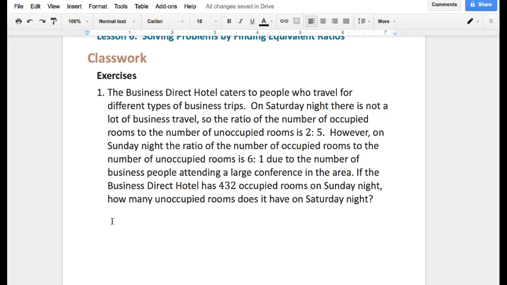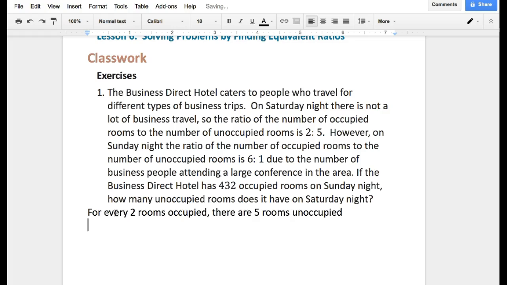If it says that the ratio of the number of occupied rooms to the number of unoccupied rooms is 2 to 5, it means, if we change it around a little bit, for every two rooms occupied, there are 5 rooms unoccupied.